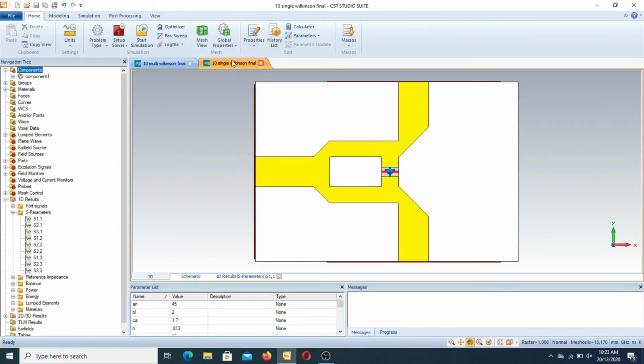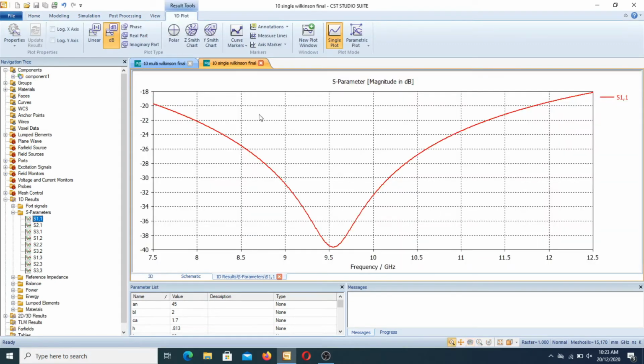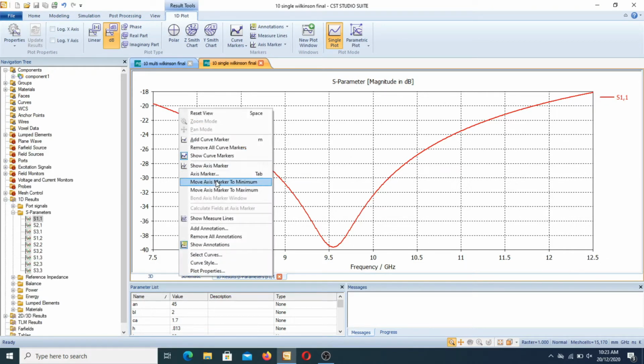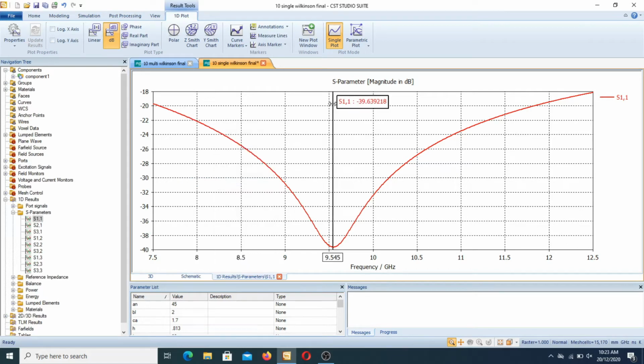Now first I show you the result, it means the S parameter result of this module. Its result is this. It covers the band of 7.5 to 12.5 with the starting point from here at minus 19.7 and ending at 0.